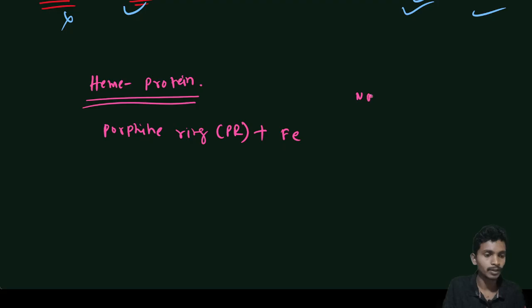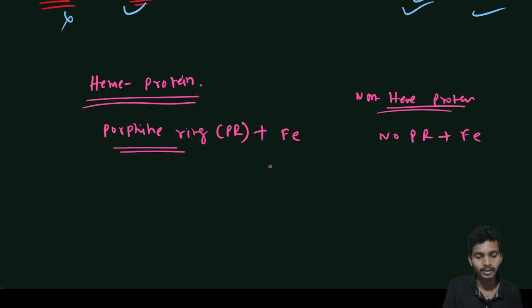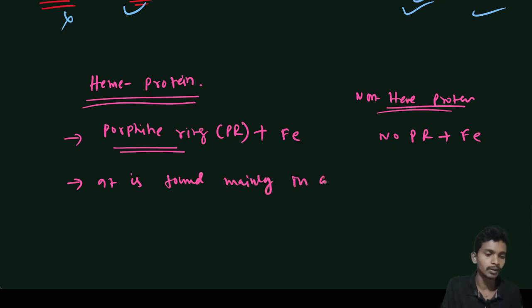Whereas for non-heme proteins, what we see is no porphyrin ring, only Fe atoms. But here the porphyrin ring is present, and it is found mainly in animals.